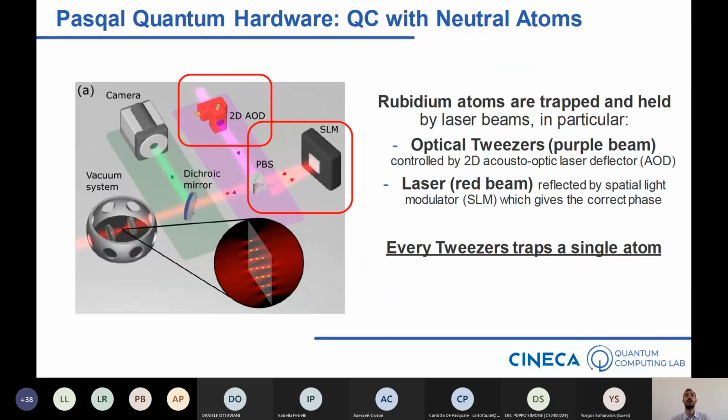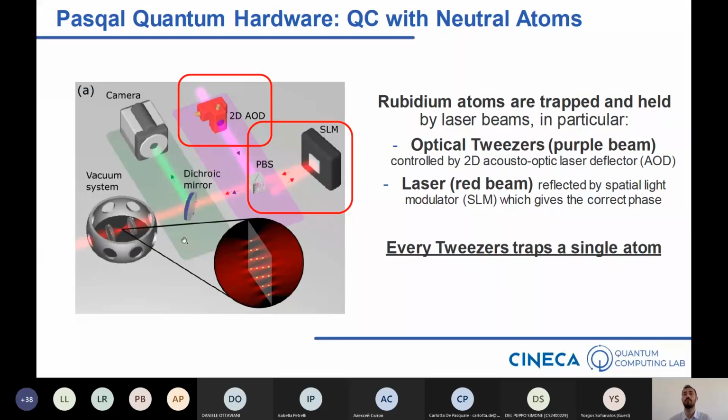So how do they trap these neutral atoms? What they use is something called optical tweezers. It's like this purple beam that then goes inside.